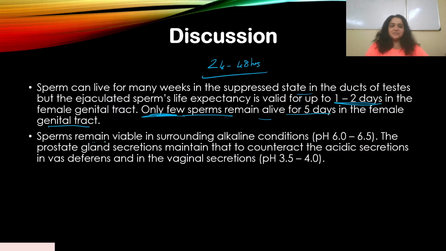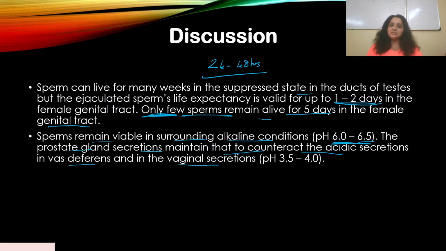Okay, now sperms remain viable in surrounding alkaline conditions, which is true. That is around pH 6 to 6.5. Acidic conditions are not favorable for sperms to remain alive. The sperms need alkaline condition. The prostate gland secretions maintain that to counteract the acidic secretions in vas deferens and in the vaginal secretion. In vas deferens, there's some citric acid present, and there are some metabolites of the sperm formation that make it acidic.